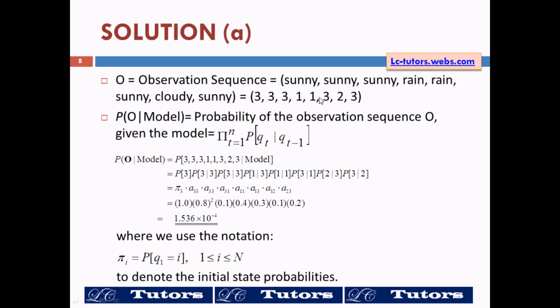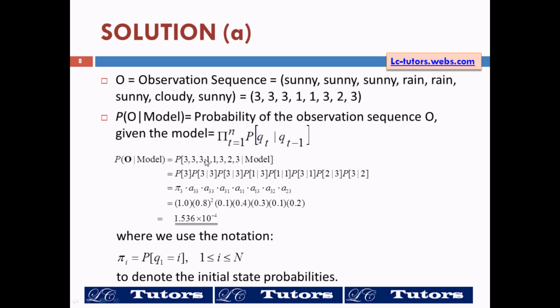We have 3 states, and out of those 3 states we select one state to start with. Here we start with the sunny state, so π3. After the sunny state is given, what is the next state? 3 given 3, 3 given 3, and then the next day 3 given 3 again.